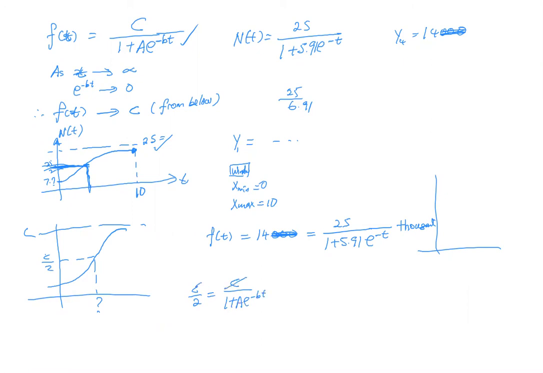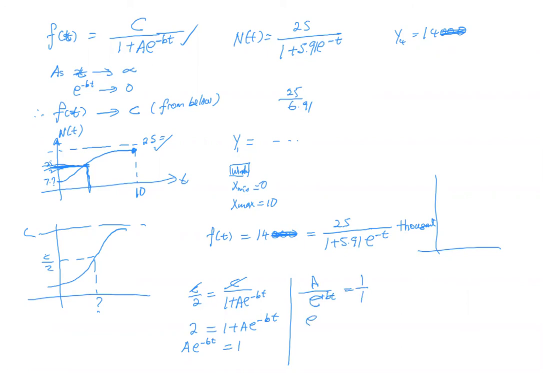C and C cut. So 2 equal to 1 plus A e to the power negative bt. So A e to the power negative bt equal to 1.